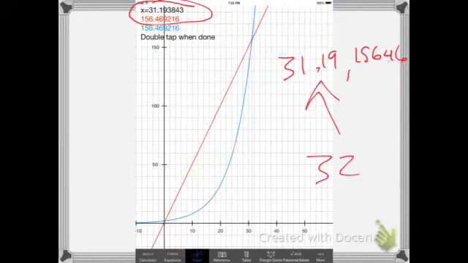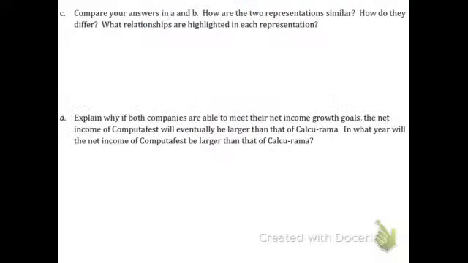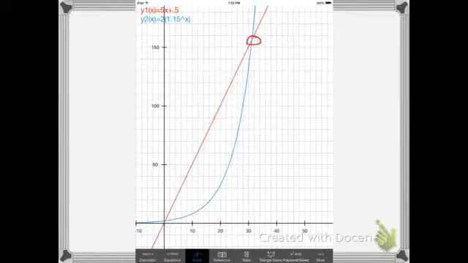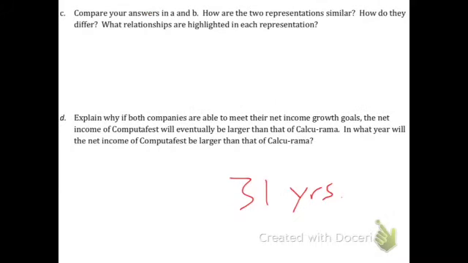Well, if we're starting the count at year 0, that means the 32nd term in the sequence would be year 31. So that'd be 31 years. That's a long time in the business world. But yeah, eventually it'll catch up and overtake it. And at this point, Computafest is growing incredibly well in comparison to the other one. So there you go, first aid.